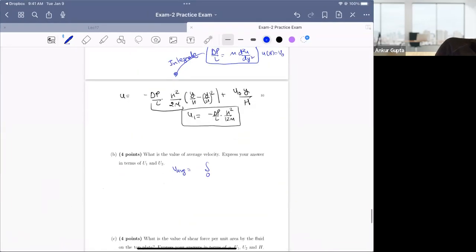0 to h, there is a width, but that gets cancelled out. Integral of u dy. So width gets cancelled out.